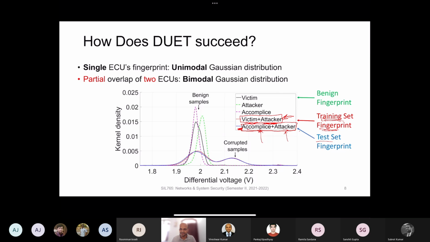But during the operation phase, the attacker impersonates the victim, which means the attacker transmits the packet impersonating the victim, and then the accomplice tries to transmit at the same time and add some voltages to the attacker's transmission. Will this attacker plus accomplice scenario still be able to bypass detection by the intrusion detection system?